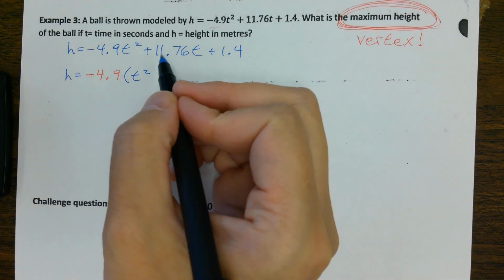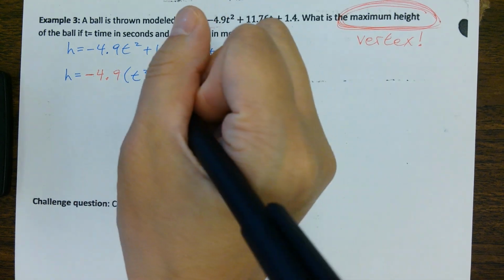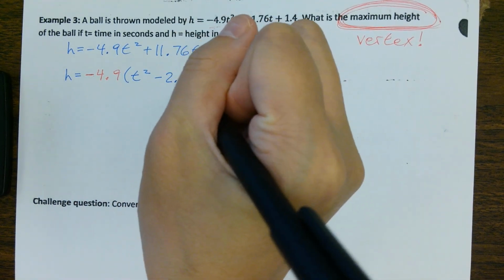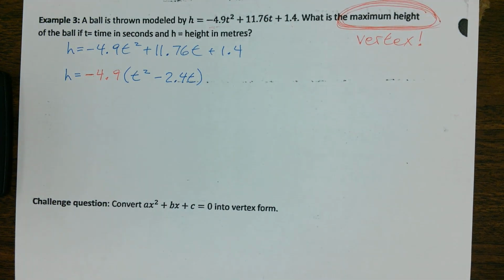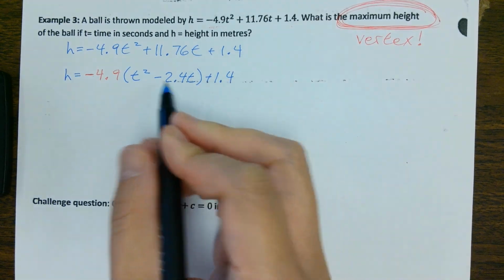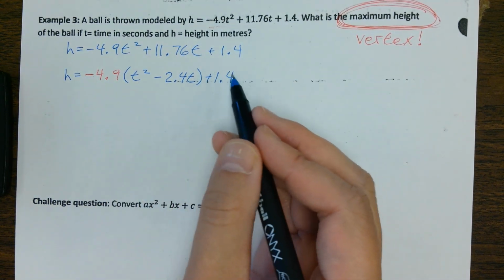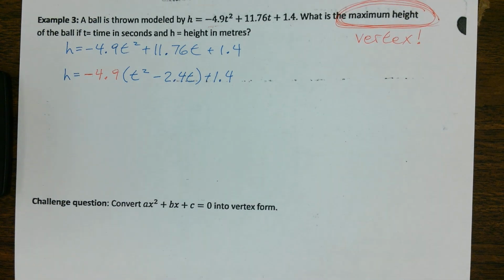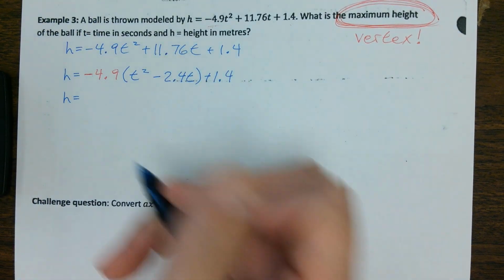And then when you divide it, 11.76 divided by negative 4.9, you get negative 2.4t. Okay. Again, you're only factoring it out of the first 2 terms, so the constant stays outside of the bracket. It stays there, didn't disappear. It's there, but it's outside the bracket. Okay. Next step.